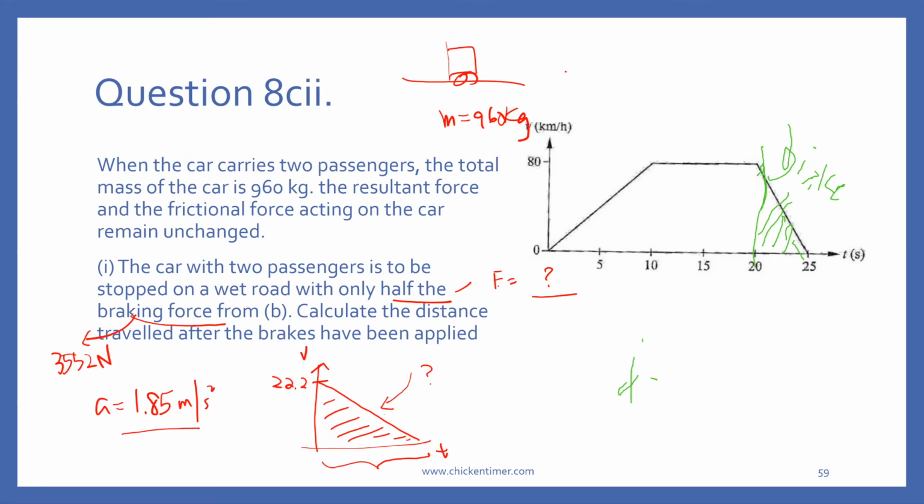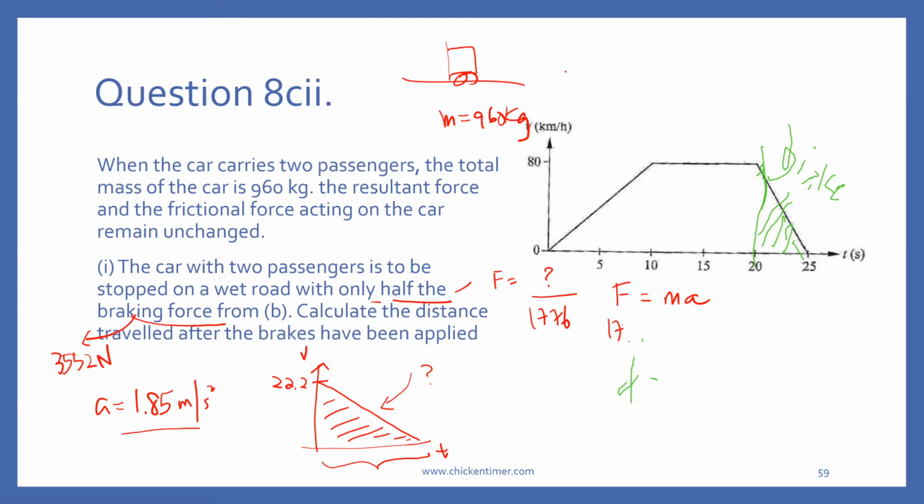Because distance will be half times base times height. That means half times t times 22.2. Because we were given a clue here, the braking force is half of 3552. Half of 3552 is 1776. So the braking force is 1776.